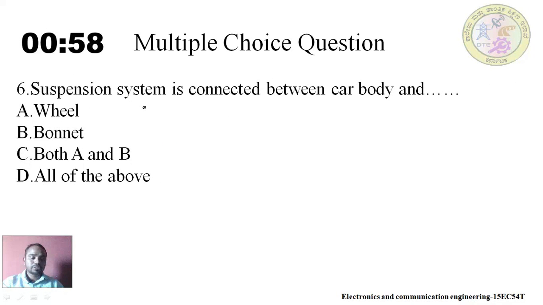The suspension system is connected between car body and dash. You have four options: wheel, bonnet, both A and B, or all of the above. Please think over it. Try to apply the knowledge which you learned during this session.